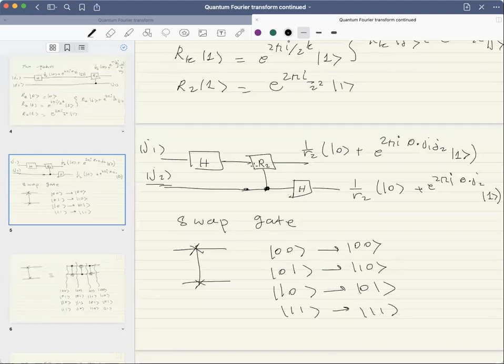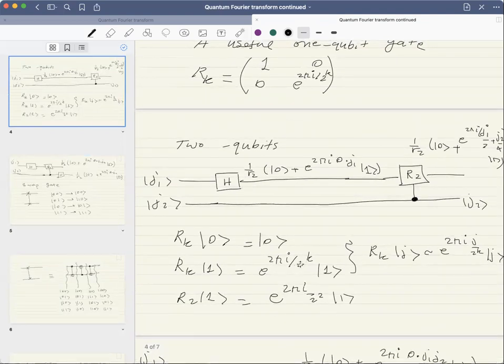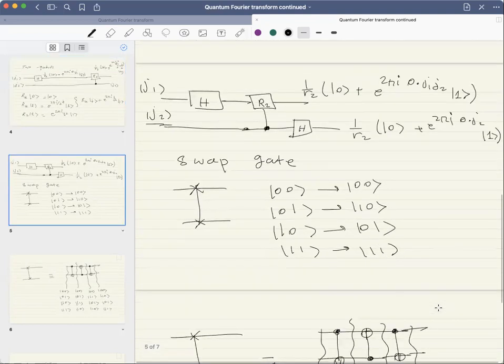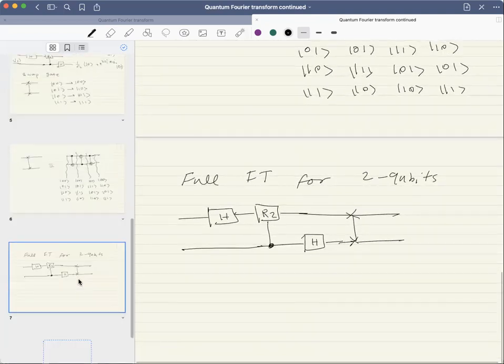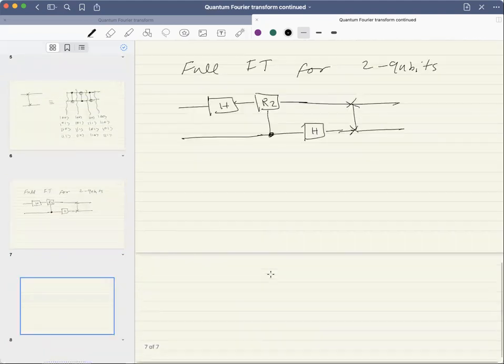But now instead of an R2, I can do an R3. So that would give me a factor of e to the 2 pi I divided by 2 to the 3. So that creates this next digit, essentially. So let's keep going with this recipe here.